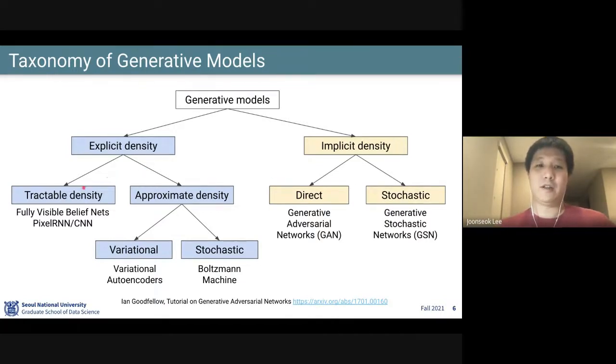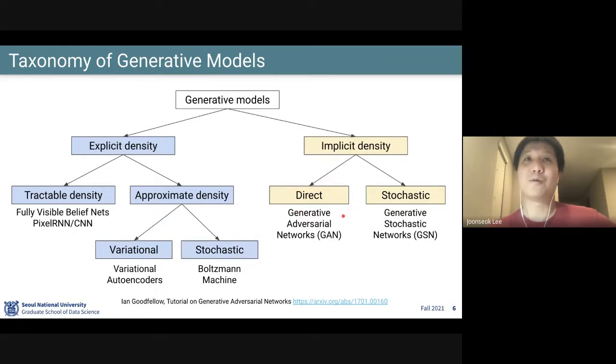And then below it, explicit density models are split into tractable density versus approximate density. So sometimes the density can be really simple, so we can tractably solve it, or sometimes it's too complex and we cannot model it as it is, so we use some approximate method. And in approximate density, there are some deterministic ways or stochastic ways.